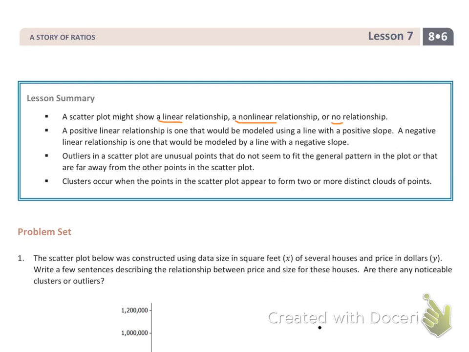And then we also talked about outliers and clusters. Outliers are points that lie outside of the general pattern, so far away. And then clusters are groupings. They're like distinct clouds of points instead of one long cloud. It's where the points appear to group up.